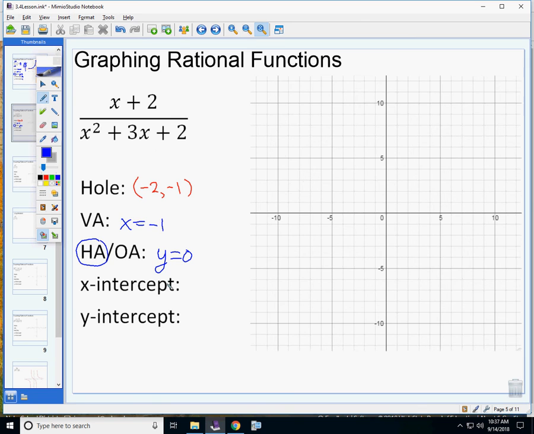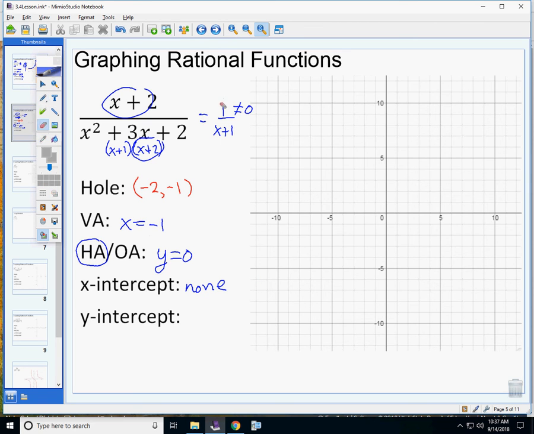To find the x-intercept, that's where the top equals 0. Now, recall we did factor this, and the x plus 2 reduced out, and we got 1 over x plus 1. So now that we have it reduced, 1 will never equal 0. We can't find an x-intercept because there's none.